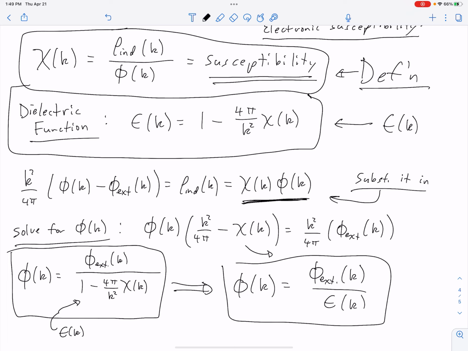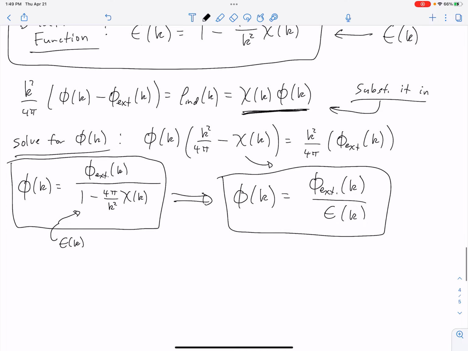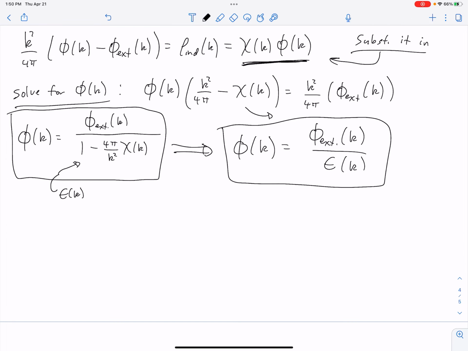And that is a very useful equation, even though really all we've done is just moved things around a little bit. But it's still very useful, because now you can see that the trick then is to know epsilon of k.